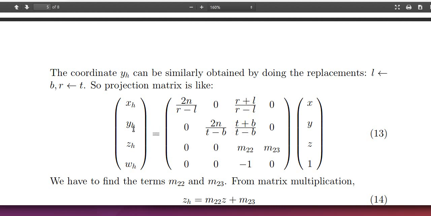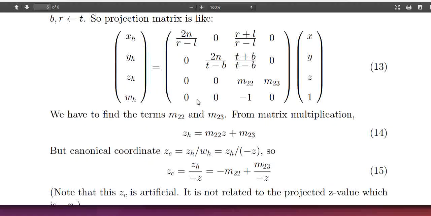So yh equals 2n over T minus B times y, plus T plus B over T minus B times z. And so what is left is to find these two matrix terms, M22 and M23.